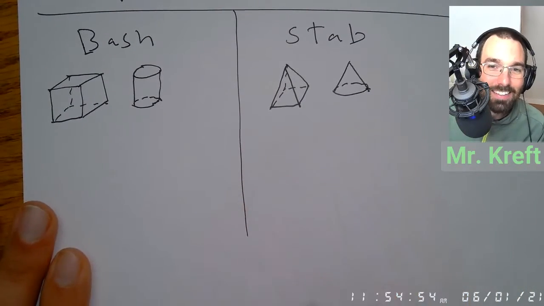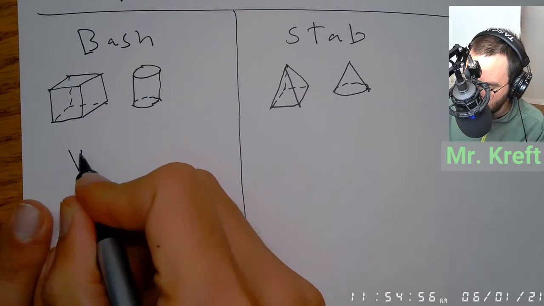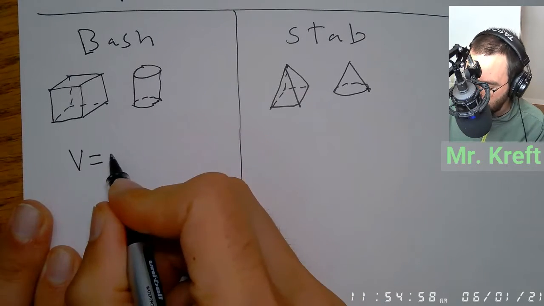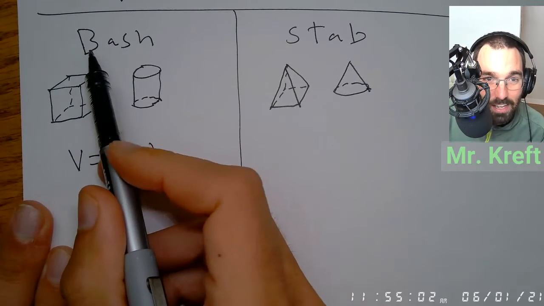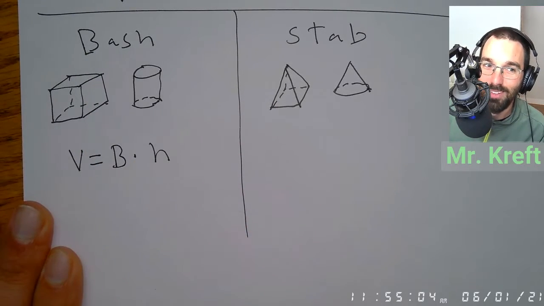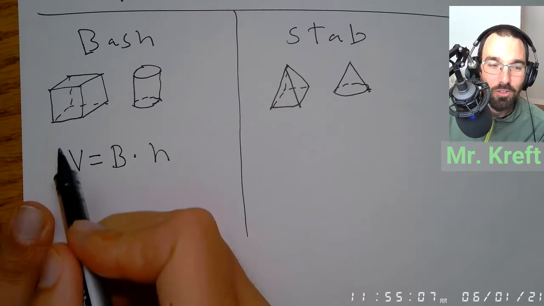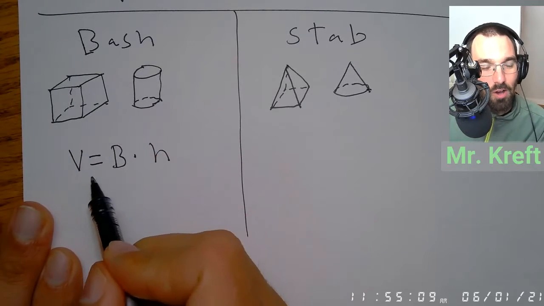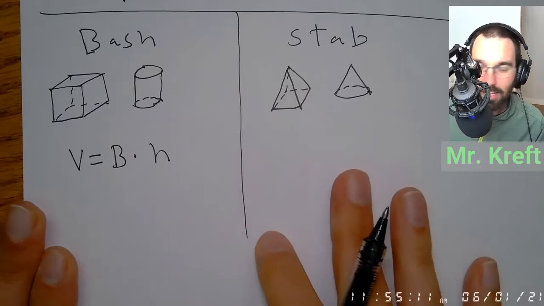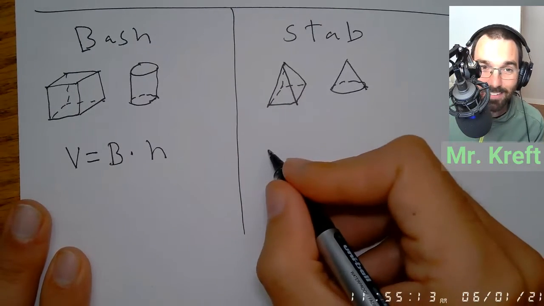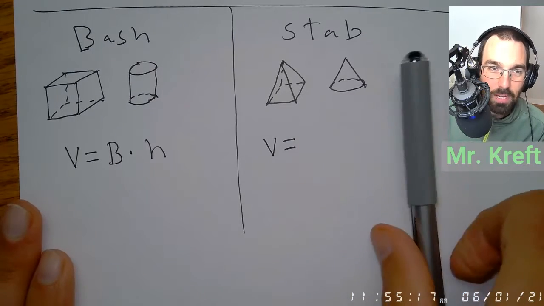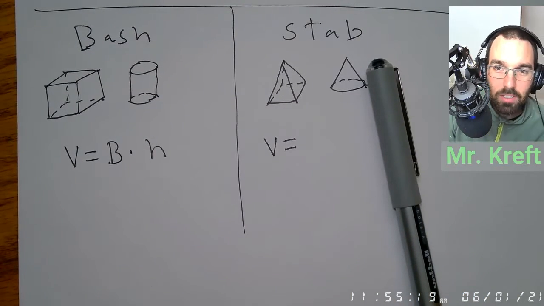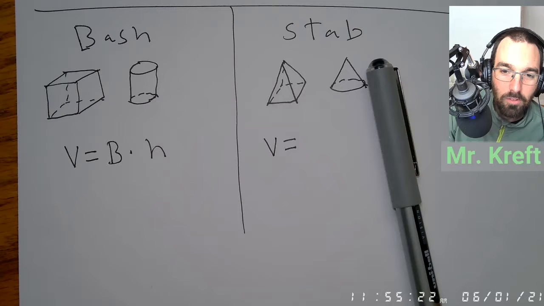Okay, now the reason why I did the 1/3 blood is because volume for a bash is area of the base times the height, which is kind of like bash. You guys with me on that? So bash is volume equals area of the base times the height, whereas stab, and guys, this is the new one, if you stab someone, and let's see if you were paying attention in chat, how much blood is someone going to lose?